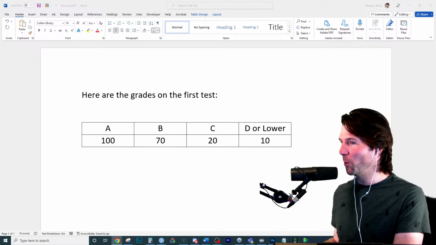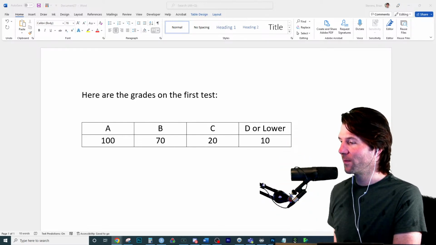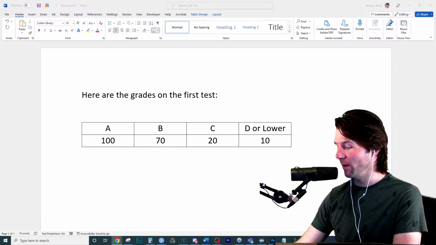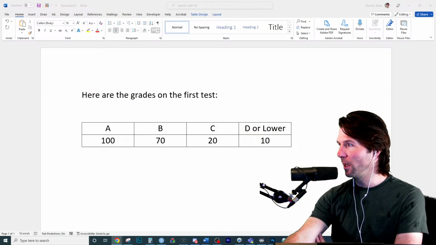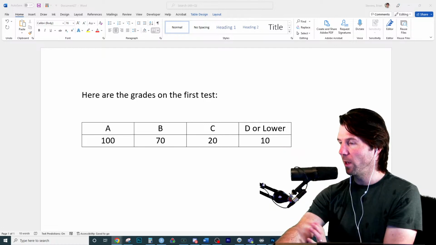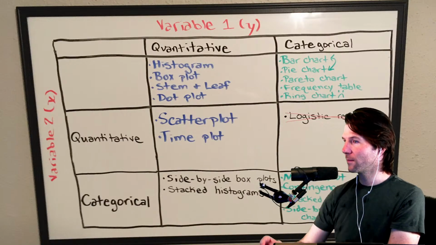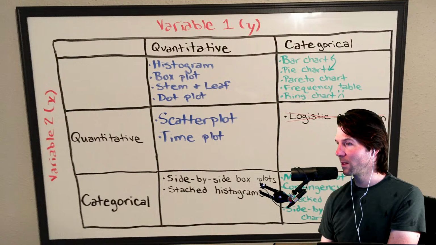What is the name of this graphic on the screen currently?